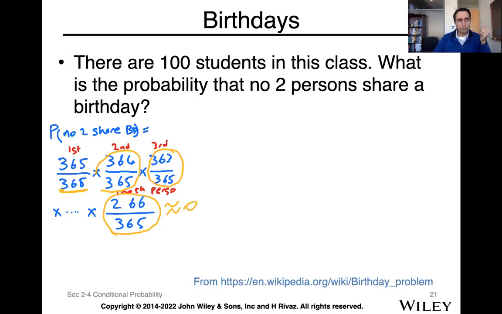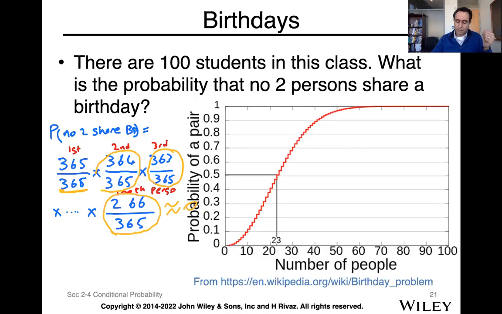It's a very, very, very, very small number, right? So in fact, I will share a code with you. You can write a simple code, you know, it's a multiplication code. You can calculate the numbers, any number that you want. So here's a graph that shows the probability for different number of people. This is from Wiki, right? So in this class, we have 100 people.